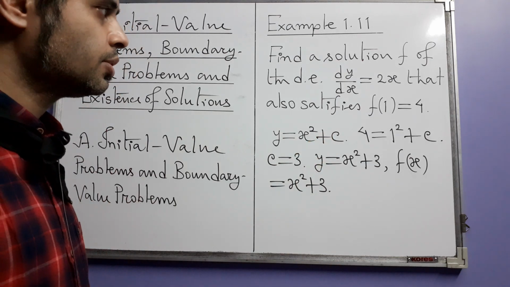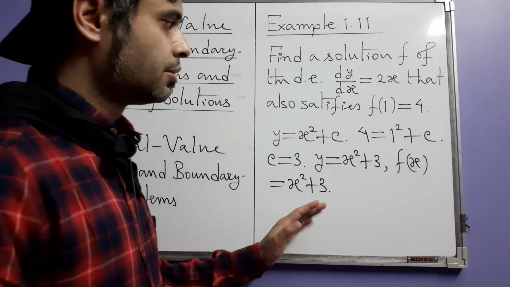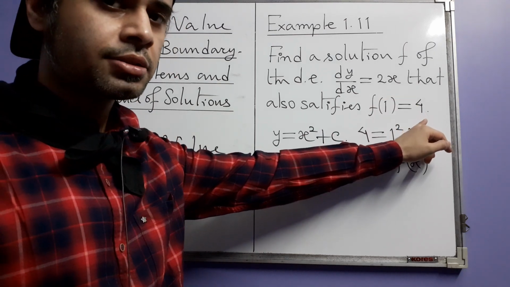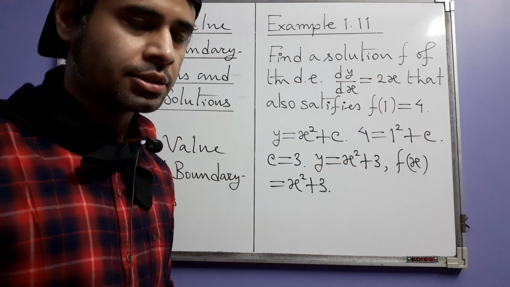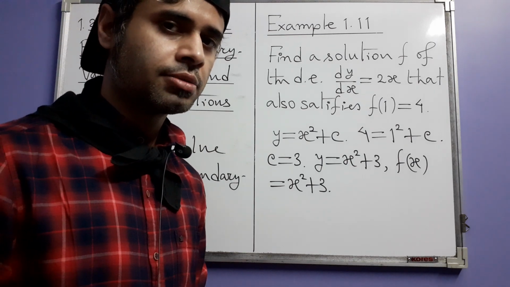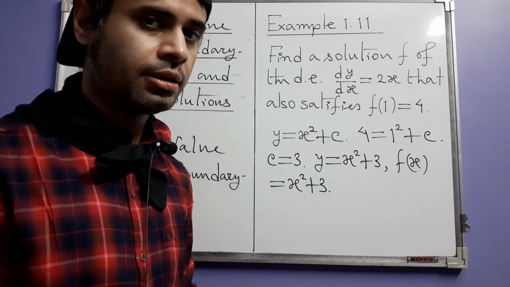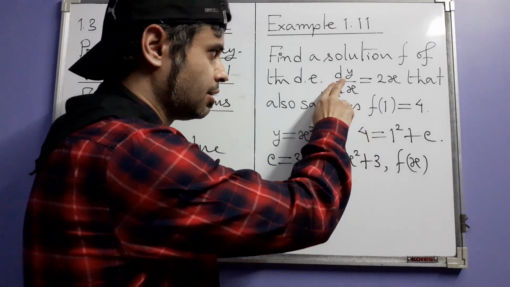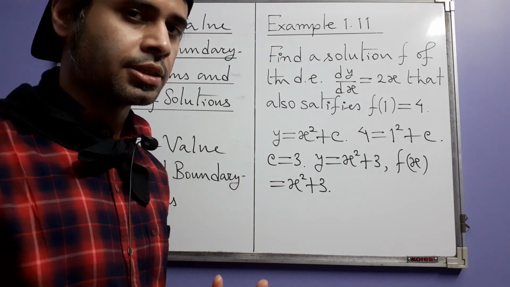Now the question is this: why did we suddenly consider an extra condition with a differential equation? That is because this is how differential equations generally arise in applications. In applications where they arise, you will rarely see just one differential equation.